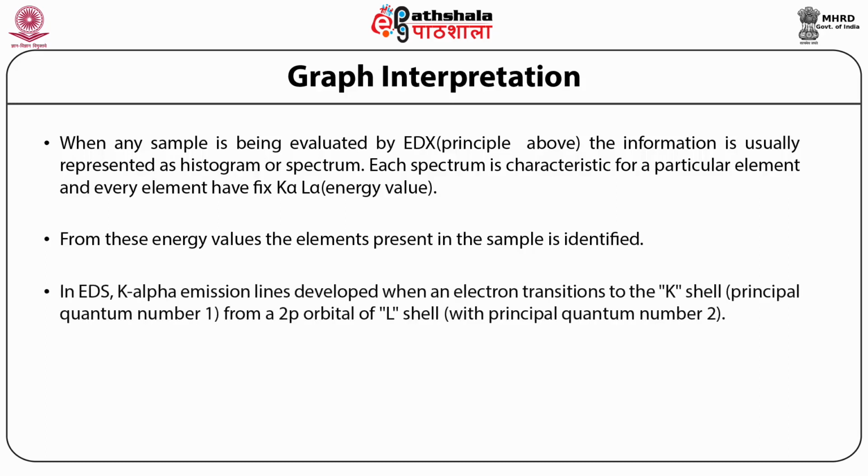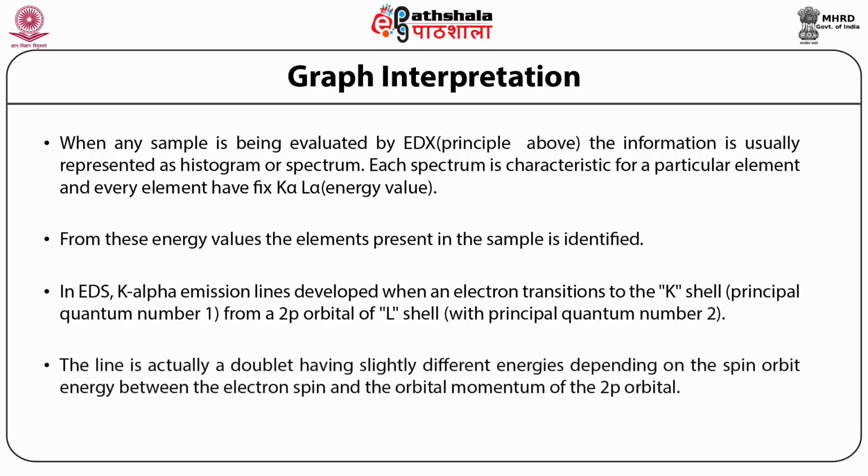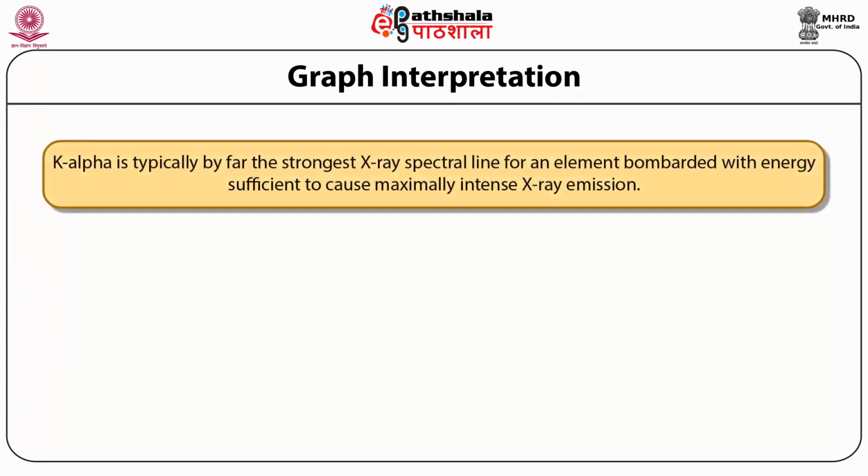In EDS, K alpha emission lines develop when an electron transitions to the K shell, that is principal quantum number 1, from a 2p orbital of the L shell, that is principal quantum number 2. The line is actually a doublet having slightly different energies depending on the spin orbit interaction between the electron spin and the orbital momentum of the 2p orbital. K alpha is typically by far the strongest X-ray spectral line.